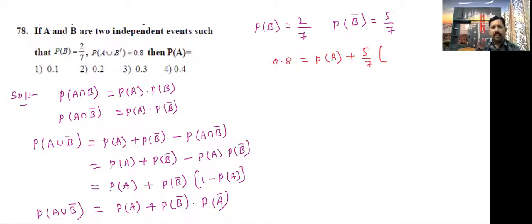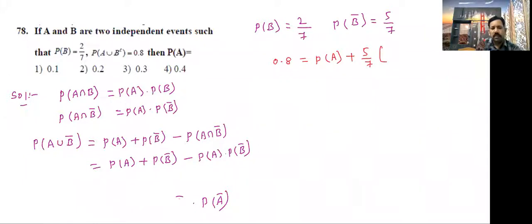We can write the same like that, or go to an alternative method. Here onwards, alternative method. What is that? First and last, observe that. P of A is common.